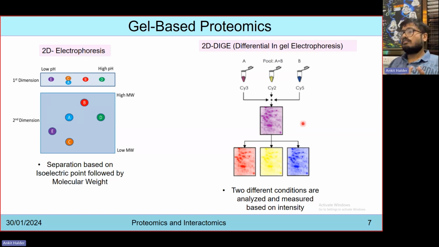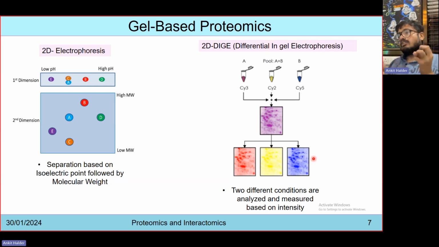So with the red and the blue, the Cy3 and the Cy5, we can compare the spots to find out which particular proteins are getting differentiated, and what the difference levels of those proteins are.